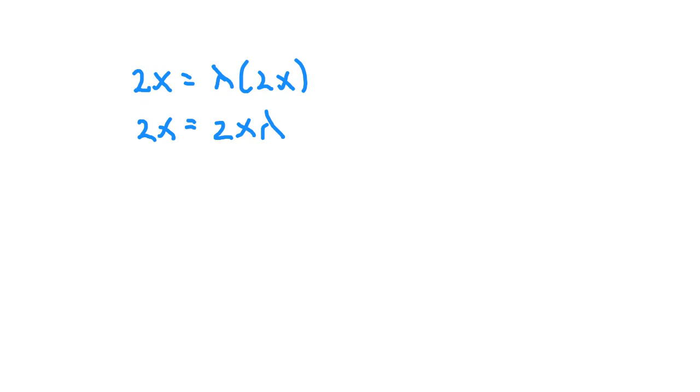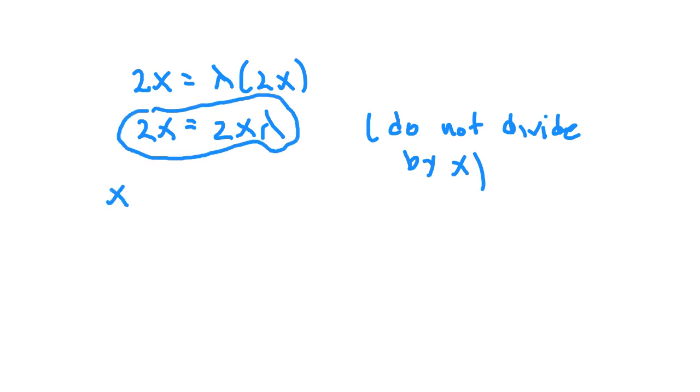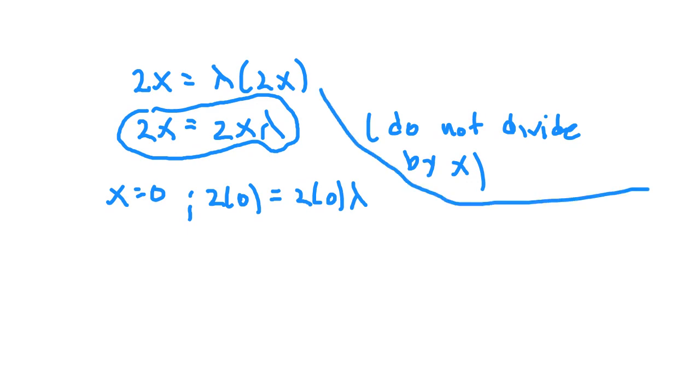Now you do not divide by x, because what if x were equal to 0? Then that wouldn't be allowed. Based on this equation, either x has to equal 0, because in that case you'd have 2 times 0 equals 2 times 0 times lambda, and that's a true statement.